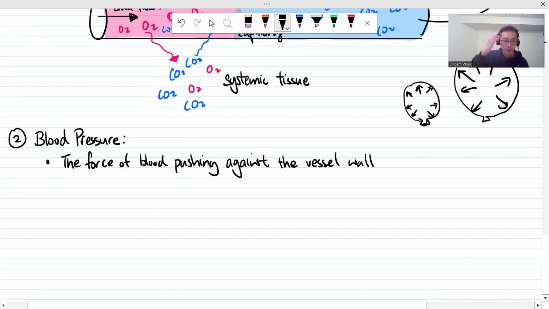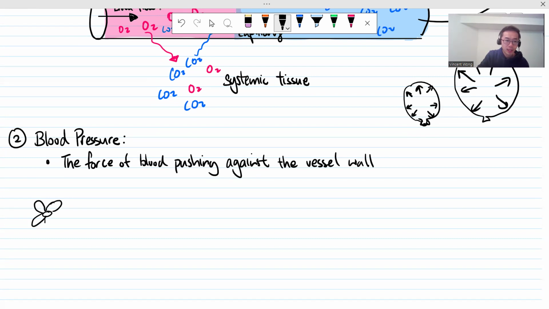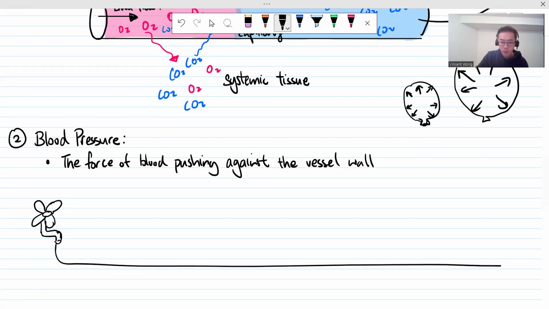Now, I want you to go through this mental exercise with me. You can draw it if you want, or you can just listen and try to visualize what I'm saying. Here we have a water tap, and I'm going to hook up a water hose to it, one of those really long hoses that you might have to water your lawn or to wash your garbage bin.